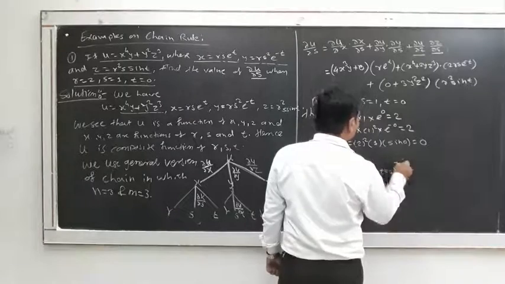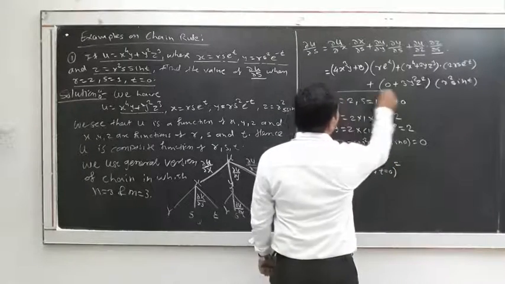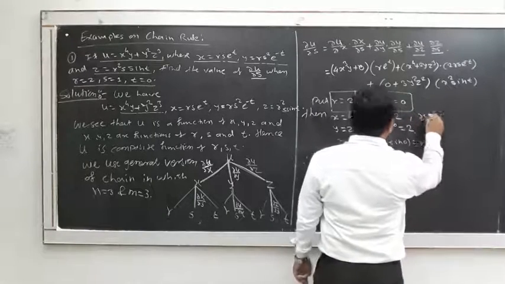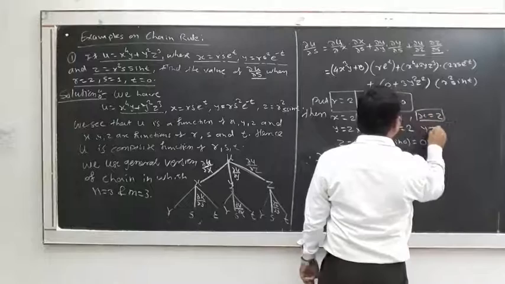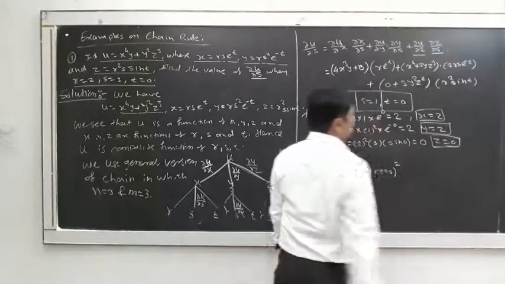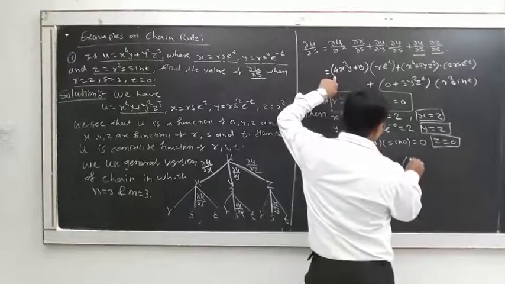Put these values: x is equal to 2, y is equal to 2 and z is equal to 0. Now put all the values here.